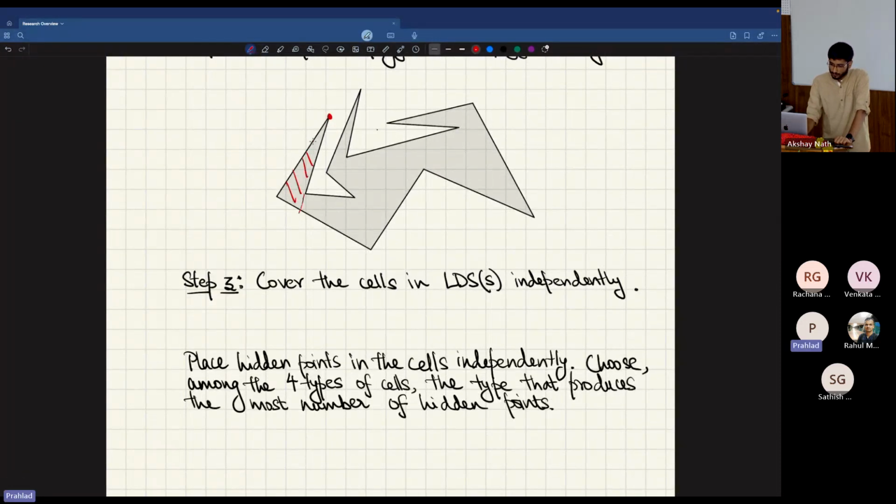This is your first level, and this is your S. Next, you use this window to look at the polygon, which is why it's called a window partition, and mark all of the polygon that you can see from this particular edge. That would be something like this.